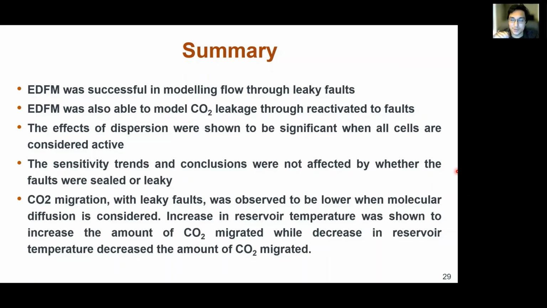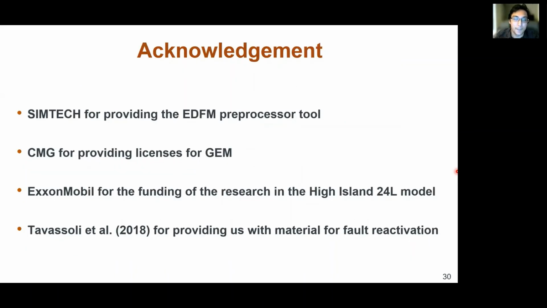And the CO2 migration has been observed to be lower when we consider molecular diffusion. Of course, we also need to do some study of grid refinement. One of the reasons we consider only molecular diffusion and do not consider physical dispersion in this case is that we would consider there is enough numerical dispersion in the model.